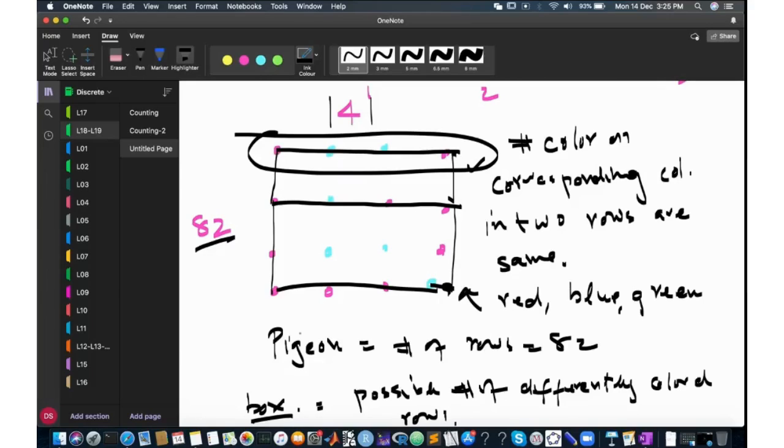So देखो, statement again ये नहीं है कि दो consecutive rows same होंगी, सिर्फ दो rows same होंगी. वो हो सकता है कि पहली और I don't know 70th row same color की हो.